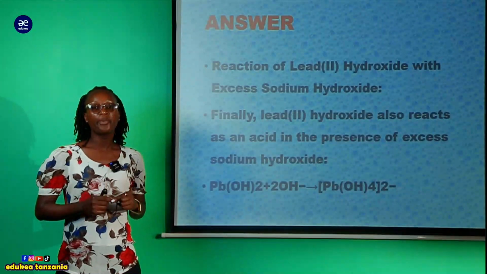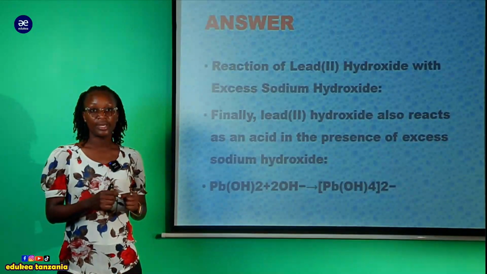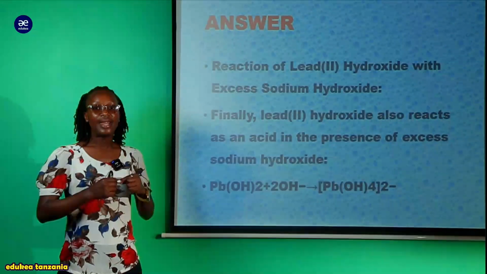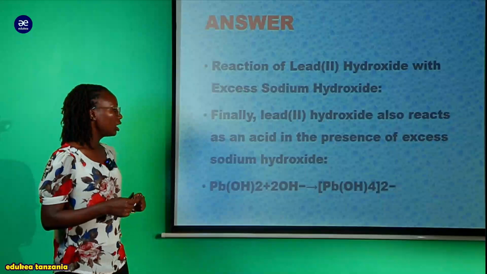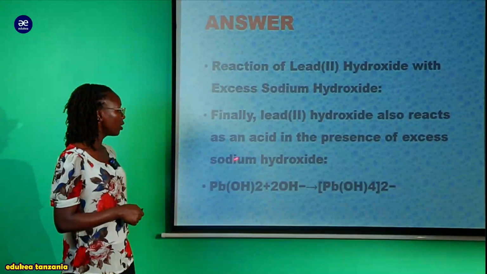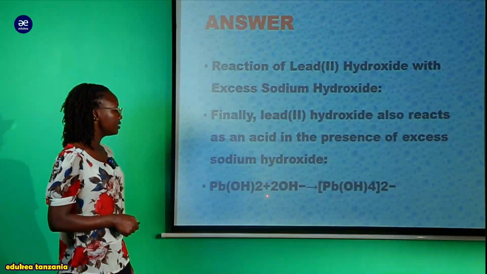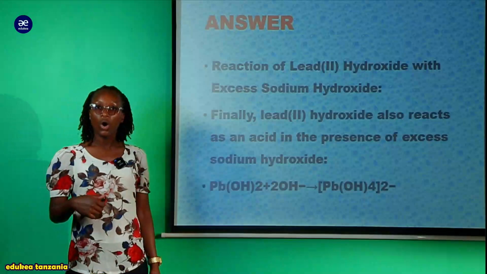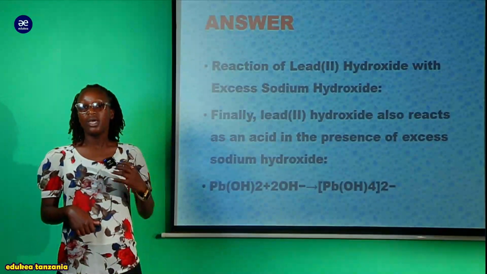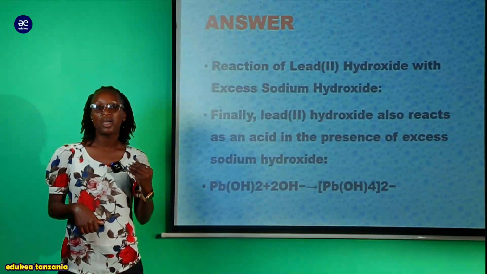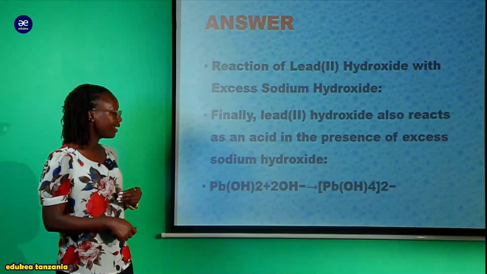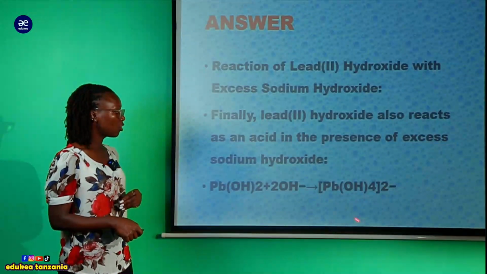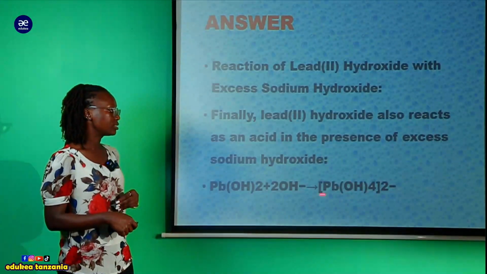So up to here it illustrates the nature of an amphoteric compound. Simply, you will see that this lead hydroxide will react with the hydroxide which is from the excess sodium hydroxide compound, and when it reacts here we also get a complex compound in the form of ions.